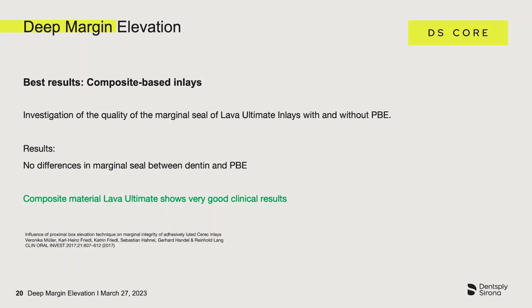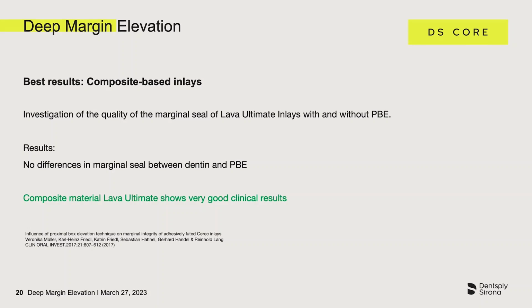From these results, it can be concluded that the best marginal quality can be achieved between composite-based indirect restoration and deep margin elevation. Composite-based materials are the materials that work best together with deep margin elevation.